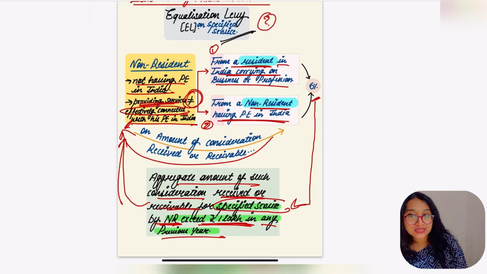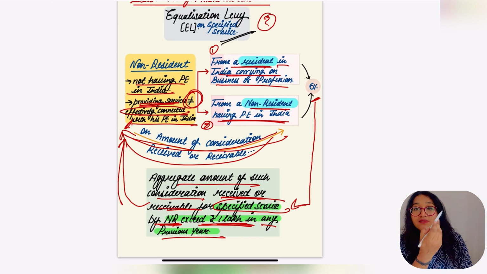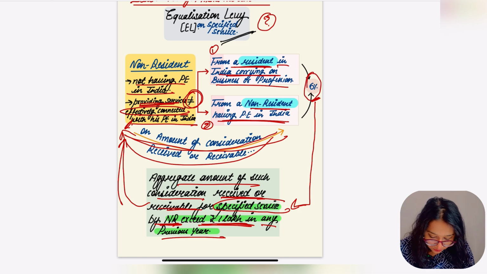Which means the amount of consideration received by the non-resident exceeds more than 1 lakh in the previous year, then only equalization levy of 6% is imposed.